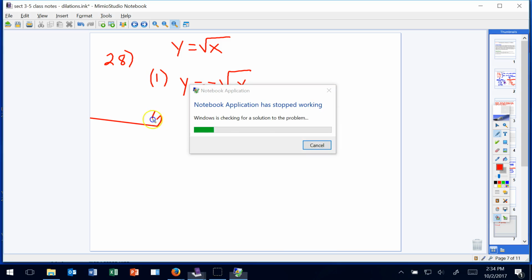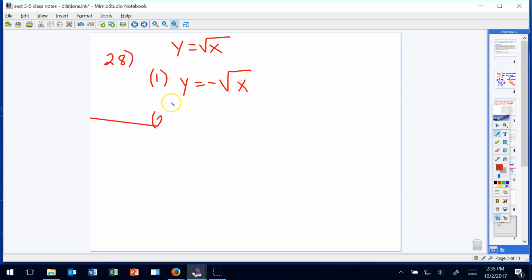Part 2 tells us to shift right 3 units. So we take what we've done in part 1, and to show shifting to the right 3, we're going to do minus 3 under the radical. Okay, that takes care of part 2.